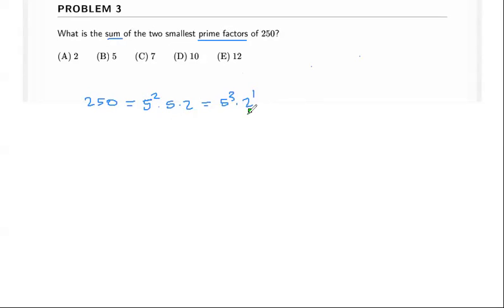So we already have only two prime numbers as factors. If you remember, a prime number is a number that is divisible by only two numbers, the number itself and 1. So 2 and 5 are the two prime numbers in our number. There are no other prime factors other than these two. So that is our two smallest, and the sum is 7.